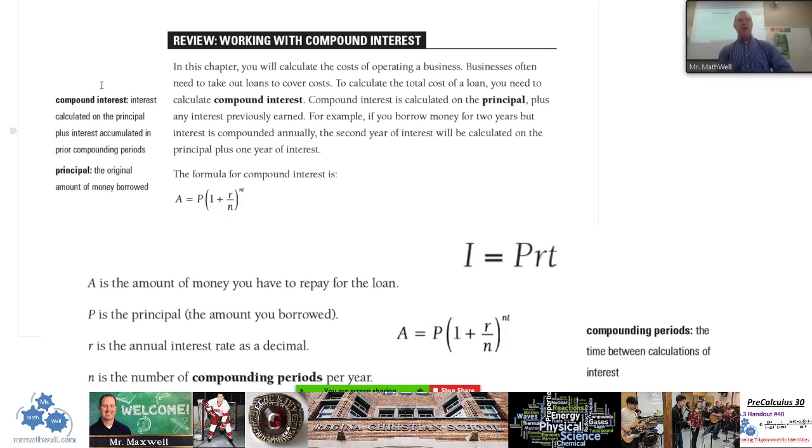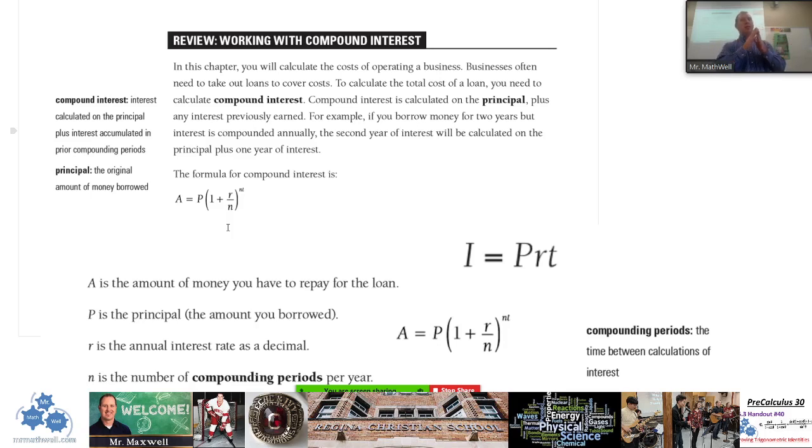Now compound interest, as you've already studied, this is just a review, is a percentage of the current amount owing. So for example, if we have $1,000 and you owe 10% compound interest compounded every year, after the first year you will owe 10% of the principal that you have owing at the time, which is $1,000.